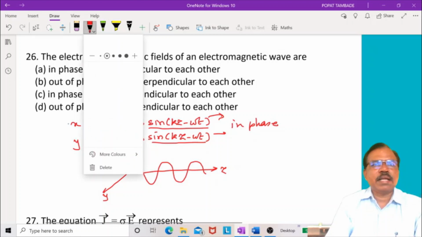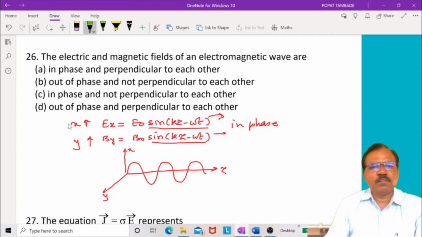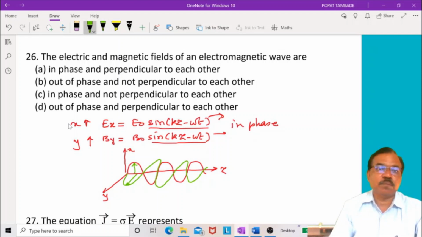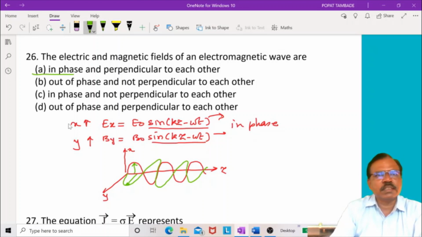And magnetic field will be in yz plane, so it will vary like this. So it is in this plane and electric field is in this plane. They are mutually perpendicular, but they are simultaneously increasing and simultaneously decreasing. So they are in phase. So this first one is correct: in phase and perpendicular to each other.